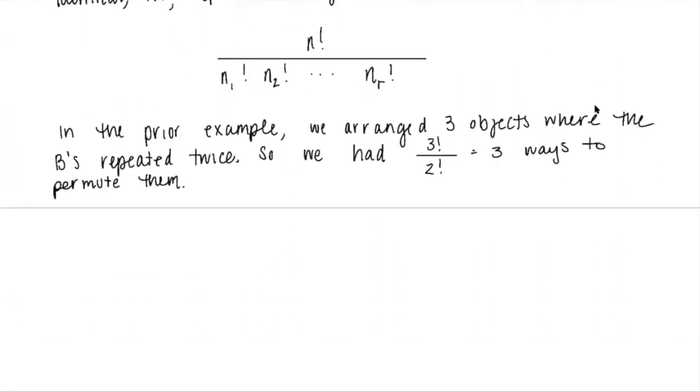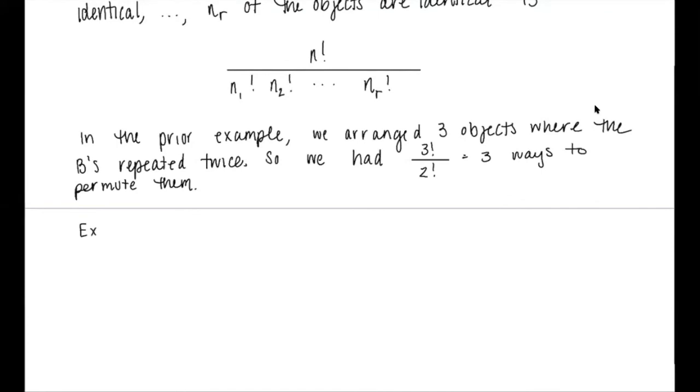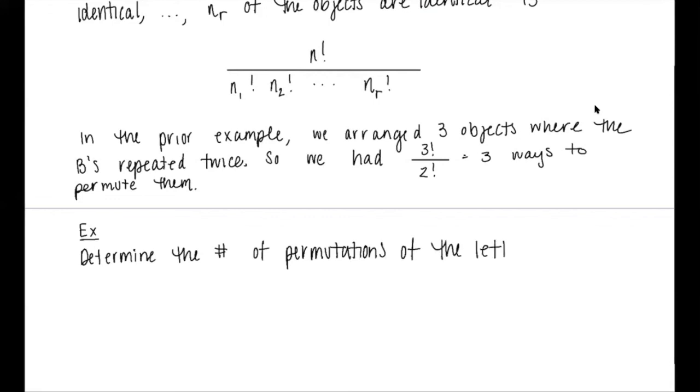So let's try another example, and this will be our last example in this section. We want to determine the number of permutations of the letters of the word statistics.